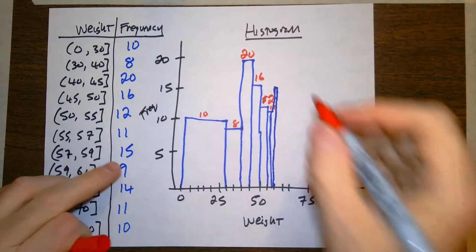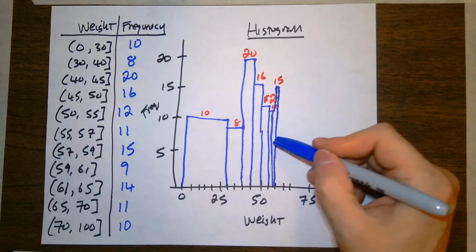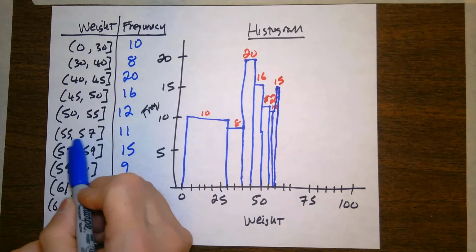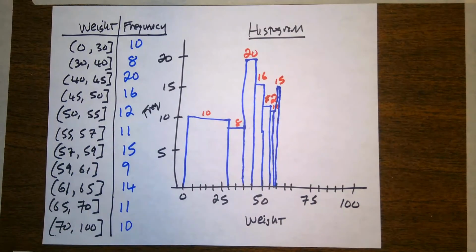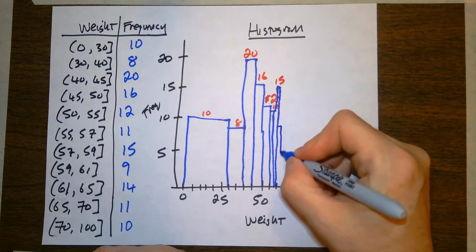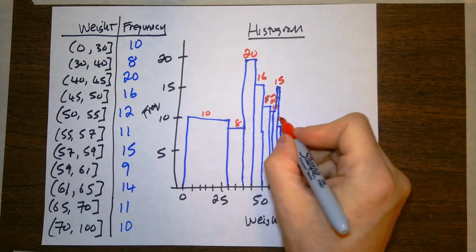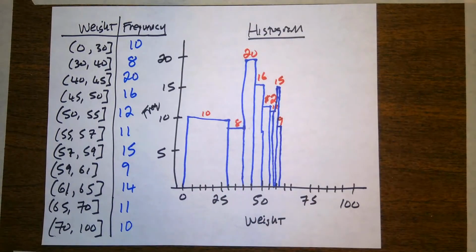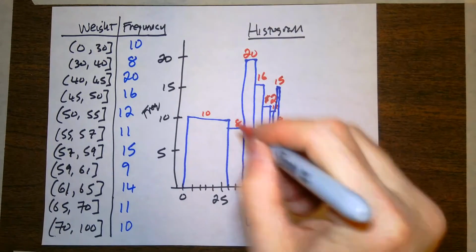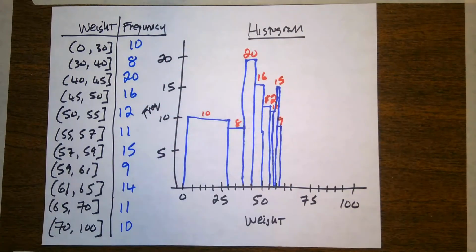And it's important that these classes are narrow because it's narrow here. 59 to 61, there were 9 of them. So 9. The numbers up there are really not part of it, not necessary, but I like them because my table's not really that good and my scaling isn't that good.